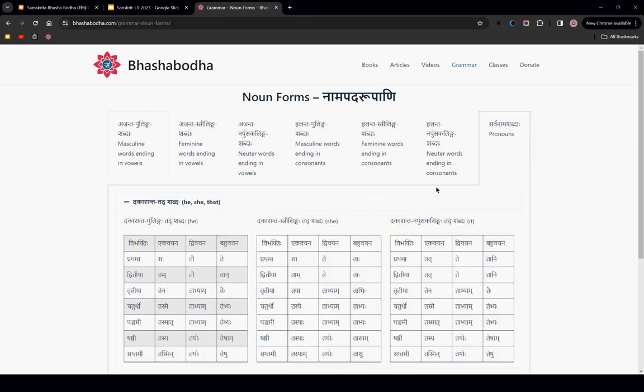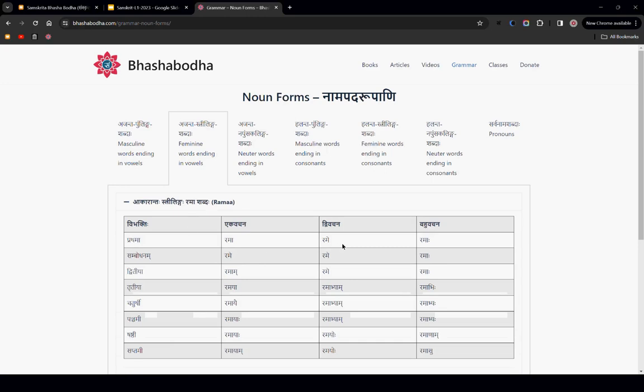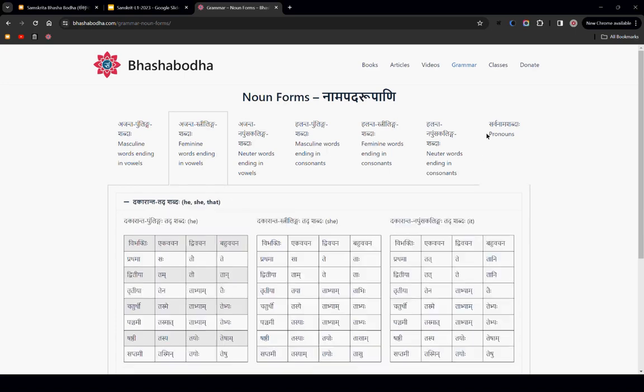Similarly, if you want to use the Strilinga Dvivachana, we use te. Then that has to be a feminine word. So it should be Rame. Te Rame means two Ramas are there. Rama is the name of a female person. Two people named Rama: te Rame.